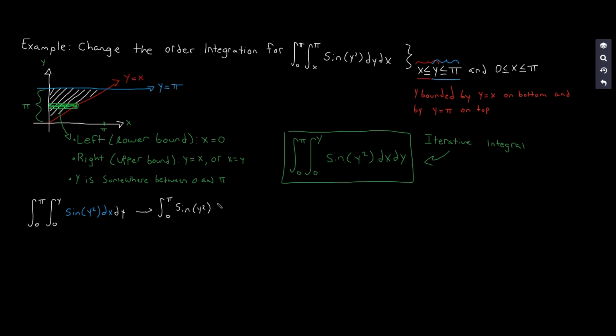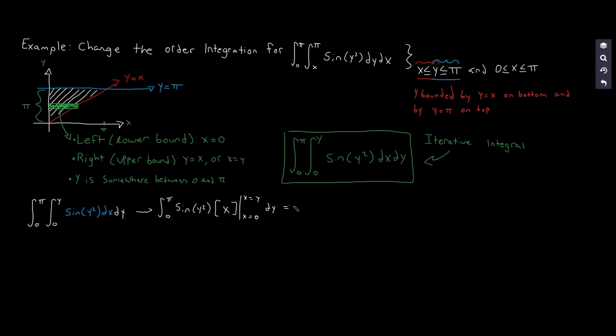And with a 1 on the inside, if I integrate 1, it's just going to be x. So this is going to be x evaluated from x equals the lower limit, which is 0, to the upper limit, which is y, dy.